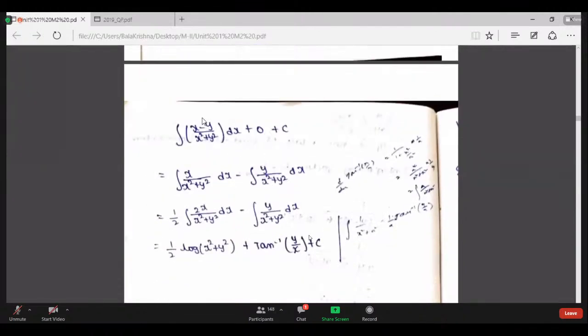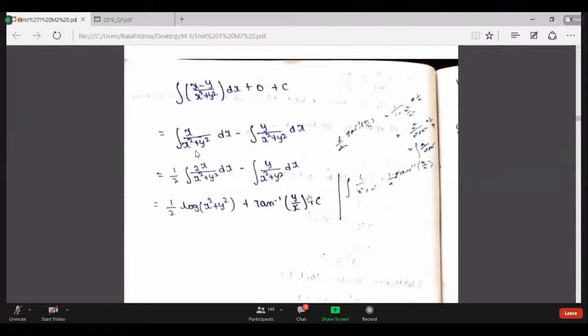Once you have it like this, evaluate this integration. So integration of x by x square plus y square dx, split it, that is minus integral y by x square plus y square dx, right? As you know the integration of f dash by f of x format, the derivative of x square plus y square is 2x, but here 2 is missing, so multiply and divide with 2, so it will be in the form of f dash by f of x.